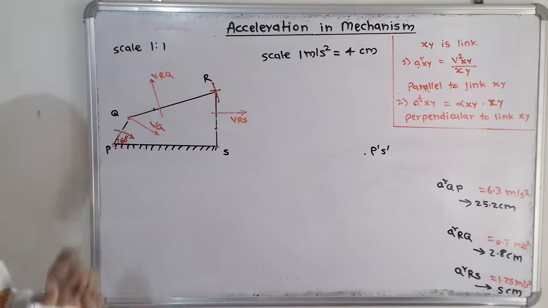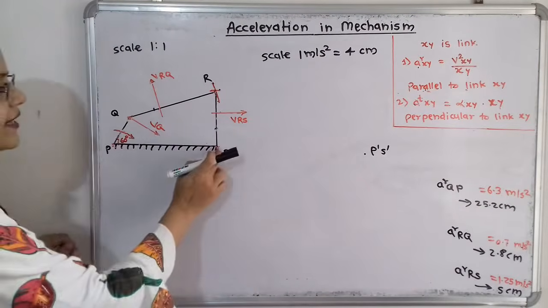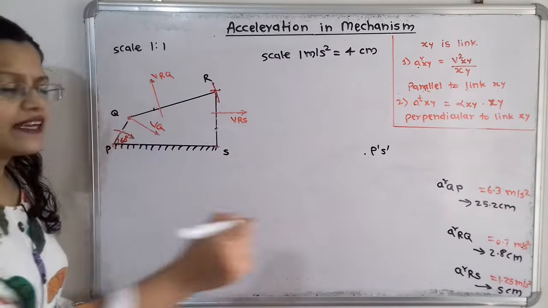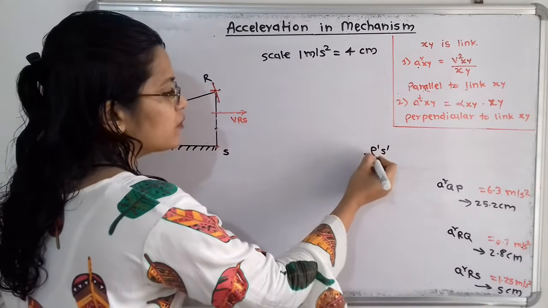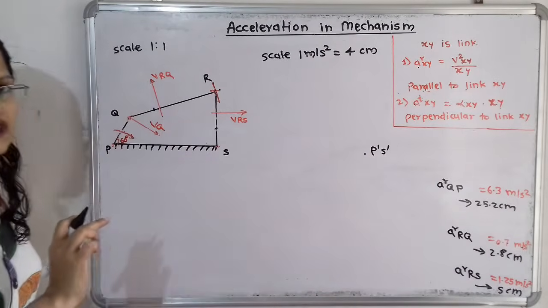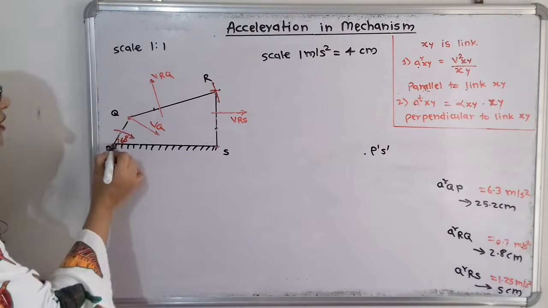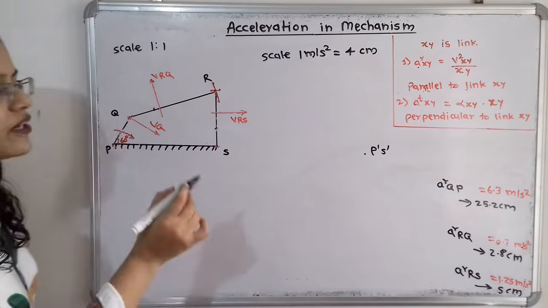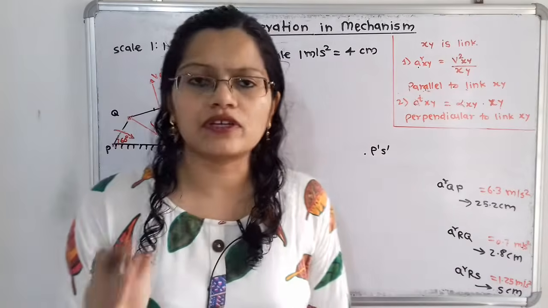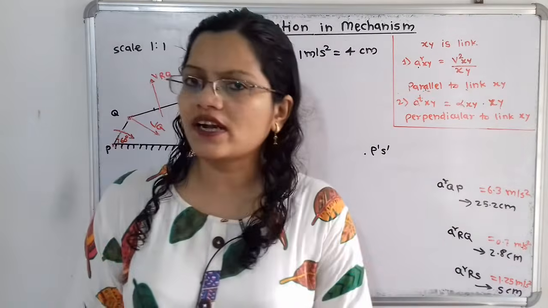Now if we observe the diagram, points P and S are the fixed points. So I will select one particular point and show it in the acceleration diagram as P dash and S dash. Now here is the crank PQ. For this crank we are going to consider only the radial component; there is no tangential component.